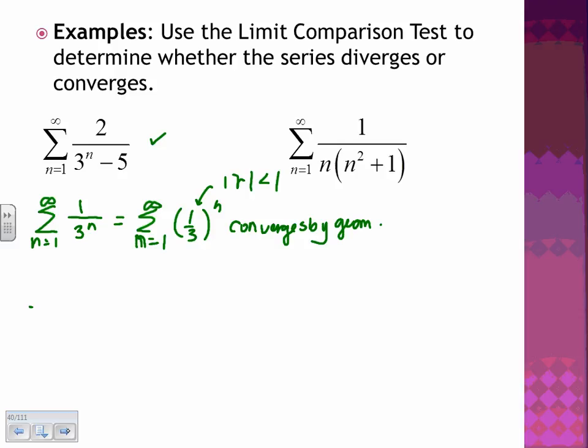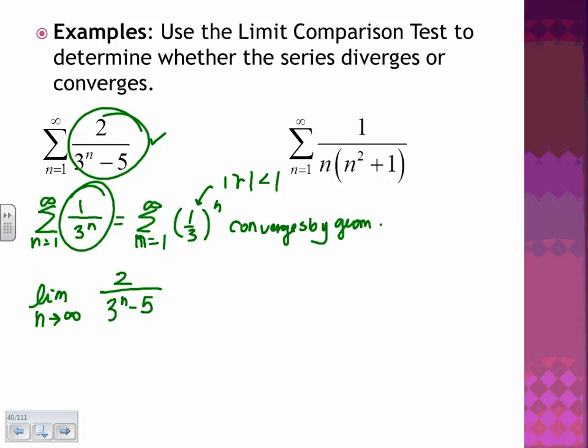So now let's actually go find what happens to this one. You're going to take the limit, as n goes to infinity, of this guy divided by this guy. So 2 over 3 to the n minus 5 divided by, which is the same as multiplying by the reciprocal, 3 to the n over 1.